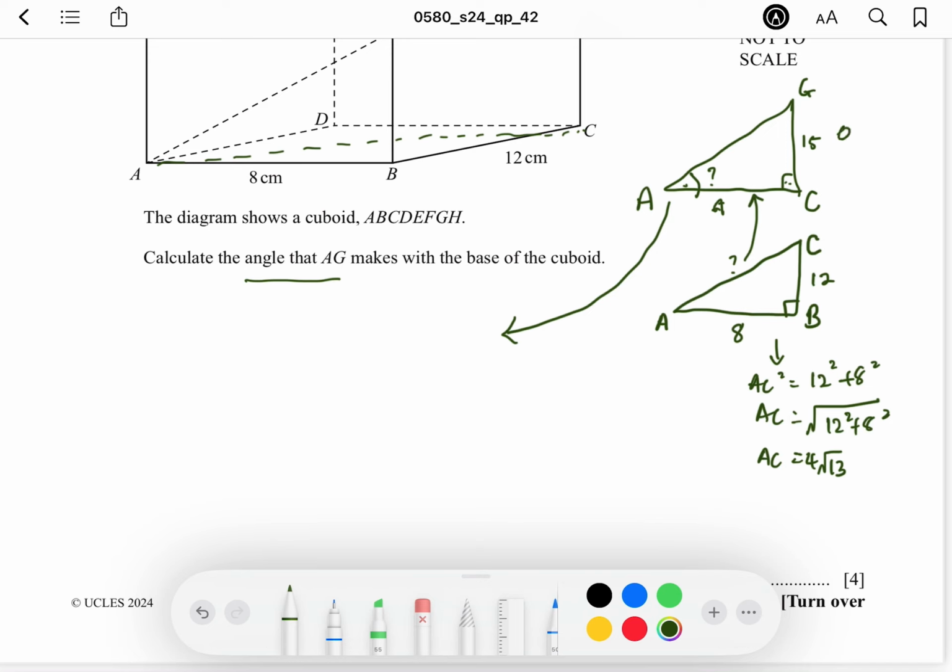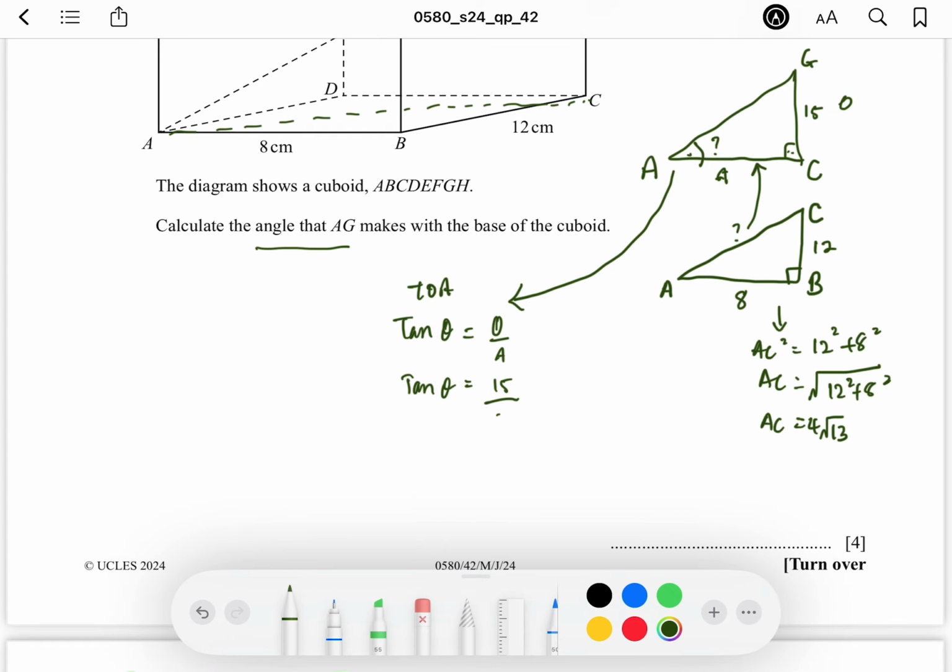So opposite sama adjacent, which ratio? TOA. Good. TOA. Tangent theta, angle opposite over adjacent. So tangent theta, opposite would be 15. Adjacent yang kita cari tadi sudah 4 root 13.